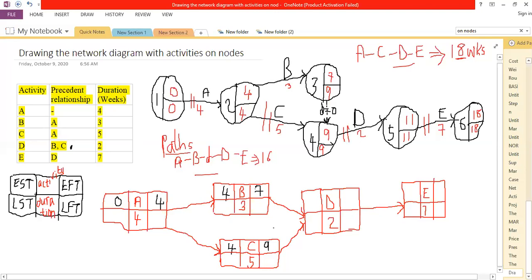I repeat, because D depends on both B and C. As much as we have completed B at 7 weeks, D has to wait for C to be completed at 9 weeks, meaning we'll only be able to start D after C has been completed. C is a determinant of D, for it to commence.